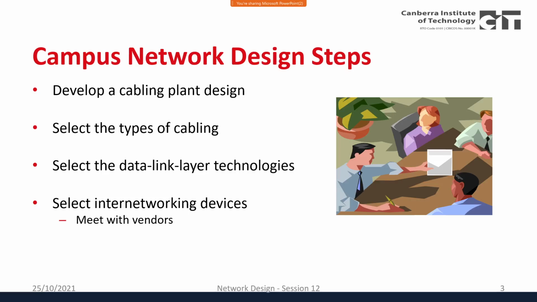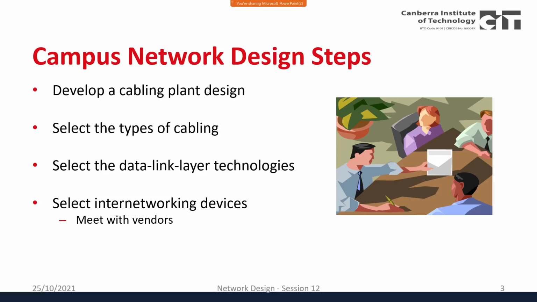When we are actually selecting technologies for a campus network design and we are following the hierarchical model that we already discussed, we need to develop a cabling plant design. We need to select the types of cabling and we need to select the data link layer technologies. That includes connections, the switches, and so on.